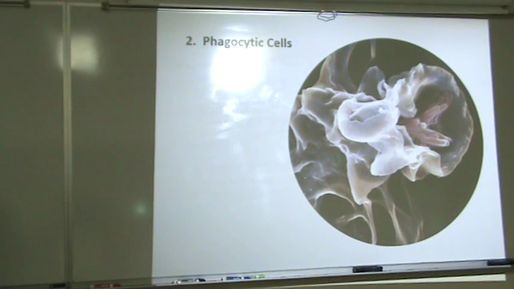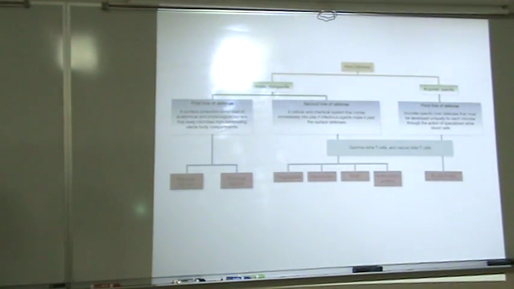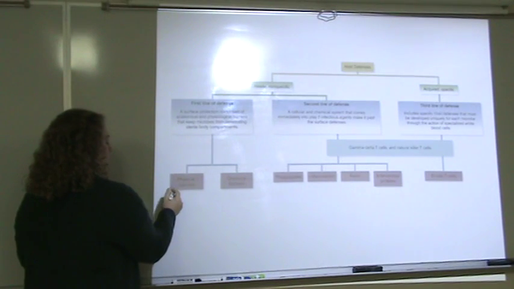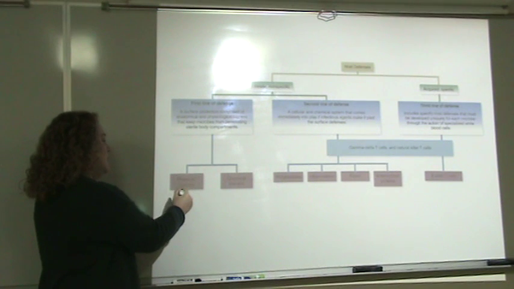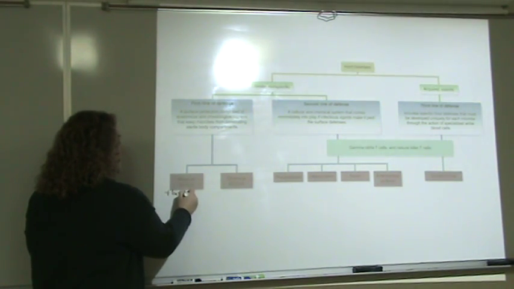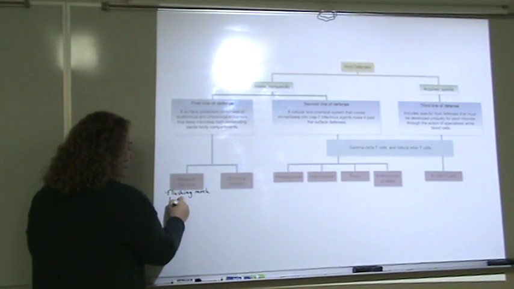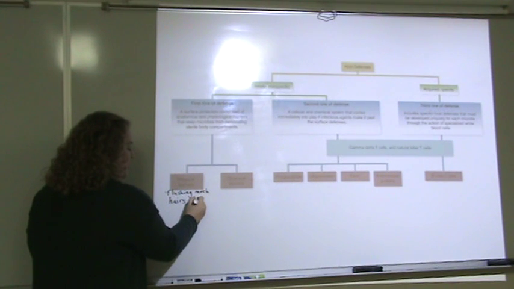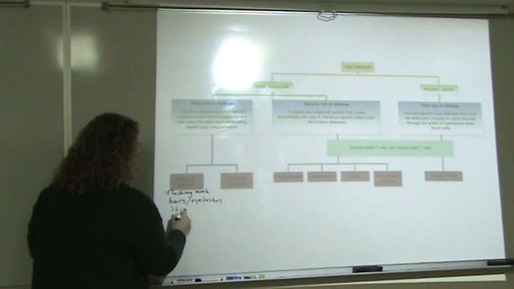Okay, this is getting into the second line of defense. All of the things I've talked about, let's go back to the flow chart here and maybe just add some stuff onto it. Or you could do this on your own later, but we're going to put flushing mechanisms here. And our other physical barriers were hairs and eyelashes, skin, mucous membranes.